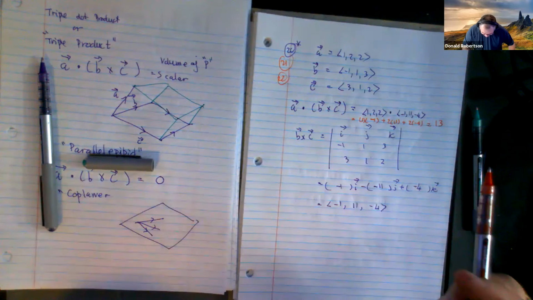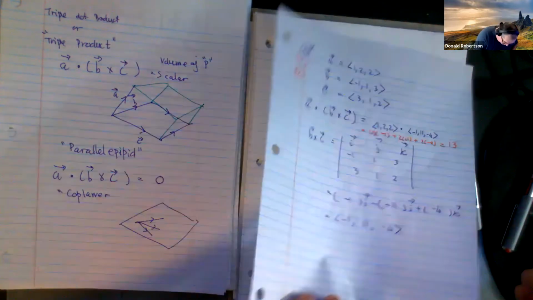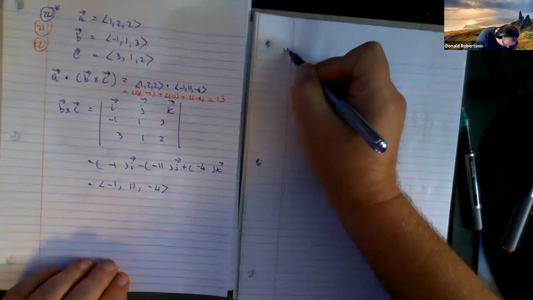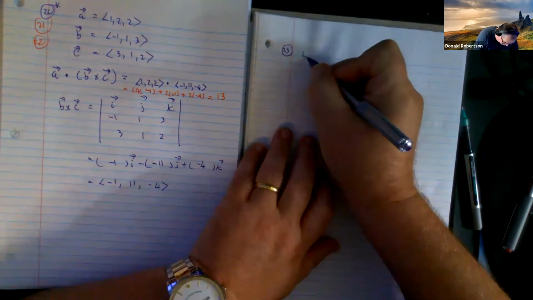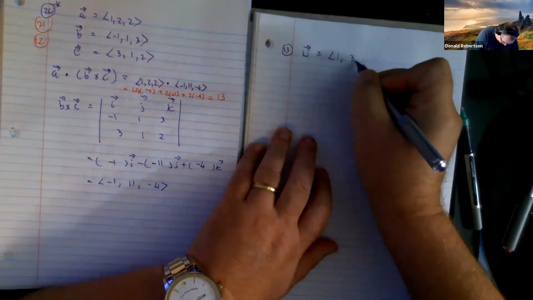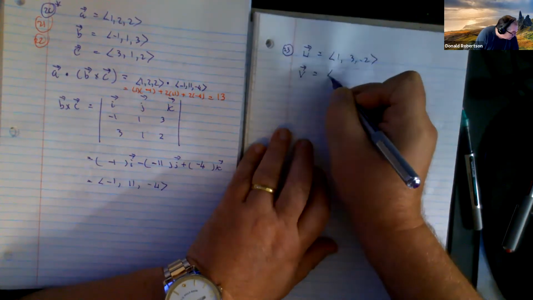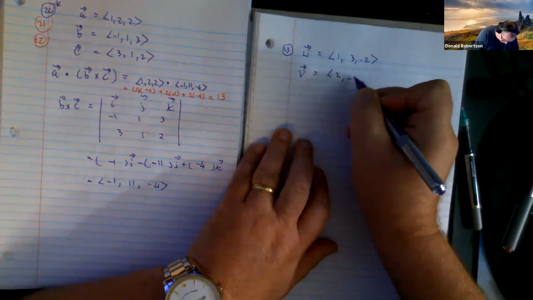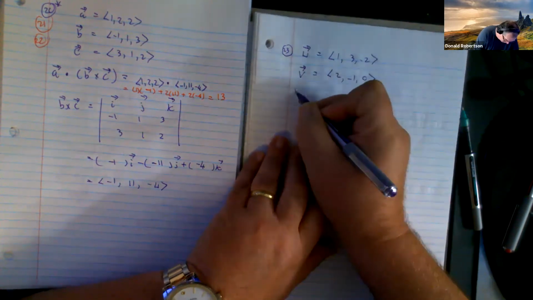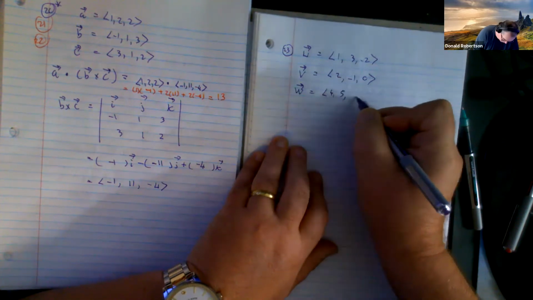Let's do a coplanar question, which is question 23 now. I've got a vector u, which is 1, 3, -2. I have a vector v, 2, -1, 0, and a vector w, which is 4, 5, -4.